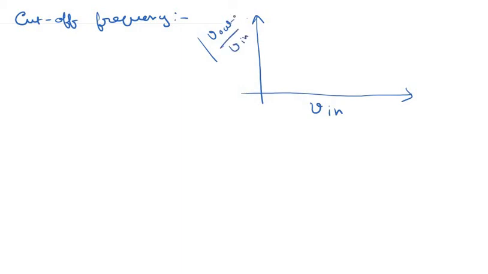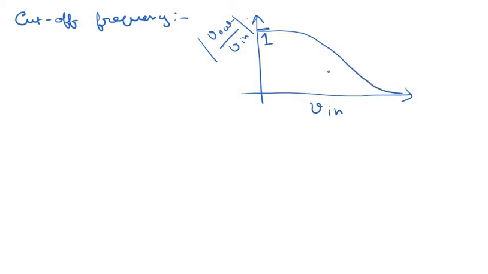So we just noted that the input versus output characteristics of a low pass filter looks like this. When the frequency is really low, then mod of V out by V in is 1, and then as the frequency increases, this gradually deteriorates to 0.